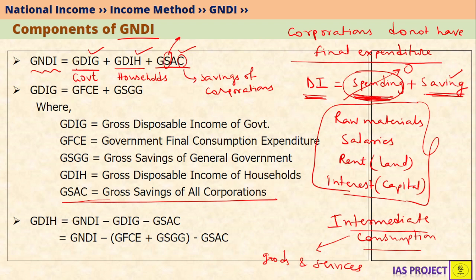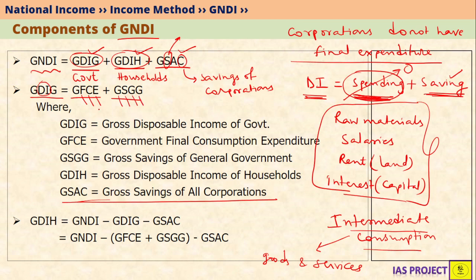So if we take these individual components again, we have two components here. If we take the first component, that is gross disposable income of government, then this disposable income can be of two types, that is consumption or spending and savings. So this can be written as government final consumption expenditure plus GSGG, which stands for gross savings of general government.